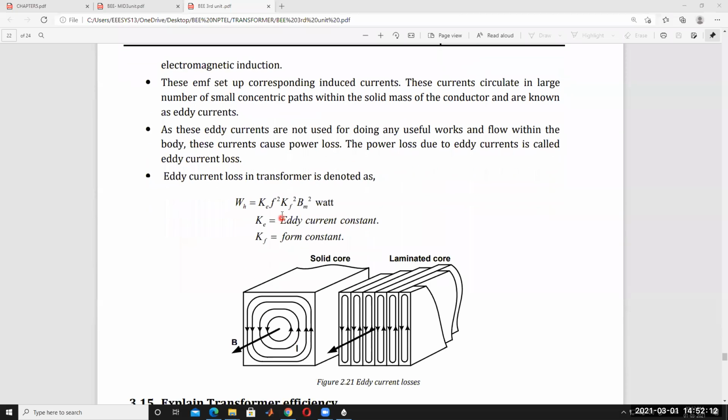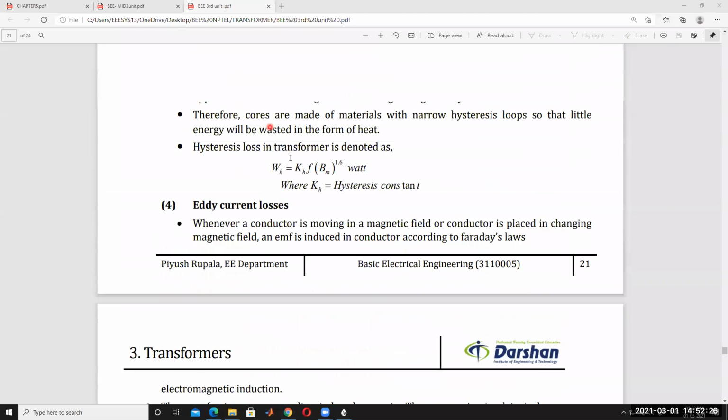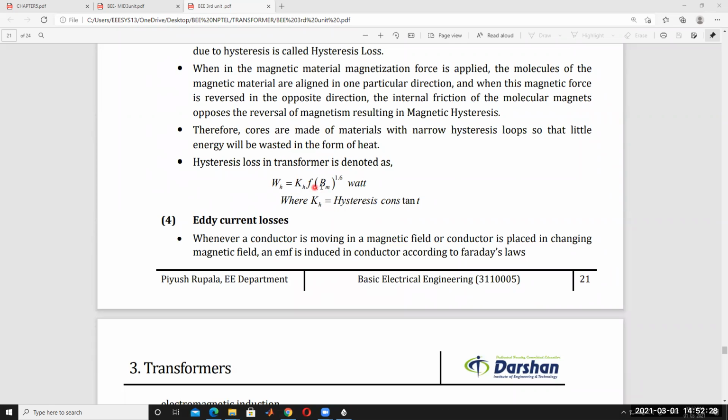Eddy current loss is proportional to the frequency squared and the magnetic flux density Bm squared. Ke and Kf are constants. So eddy current loss depends on frequency squared and Bm squared, but hysteresis loss depends on frequency and Bm to the power 1.6.